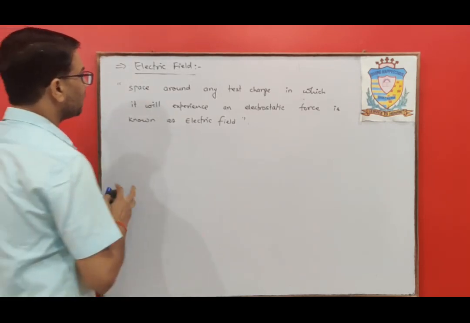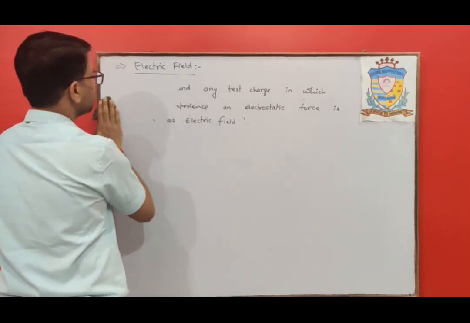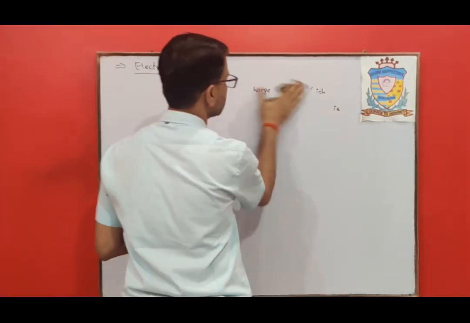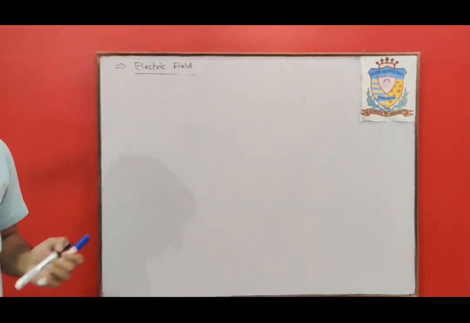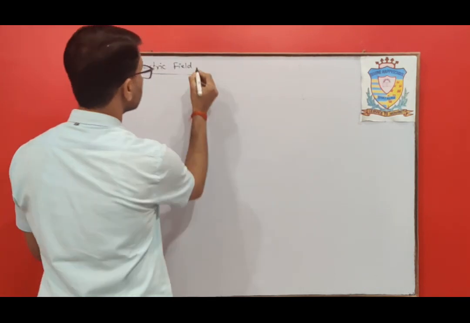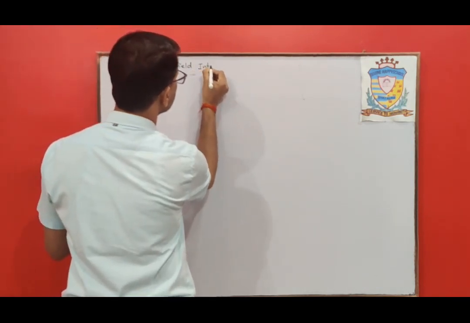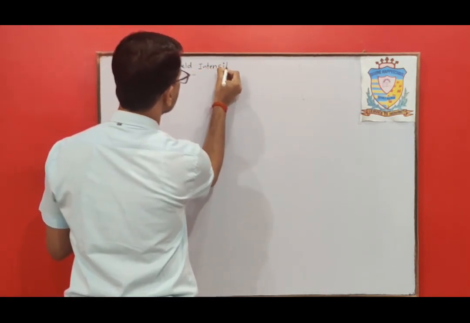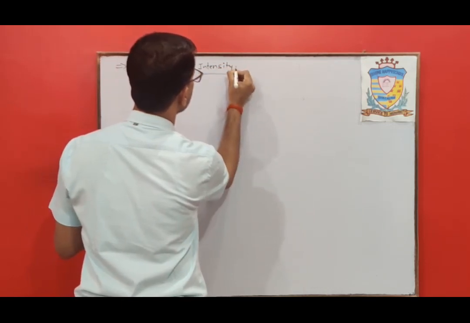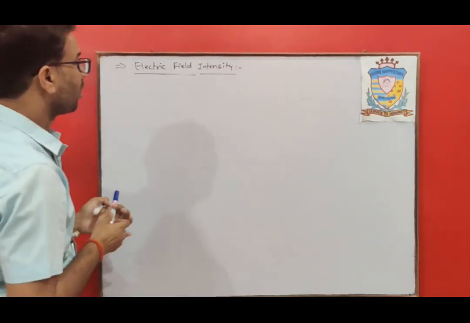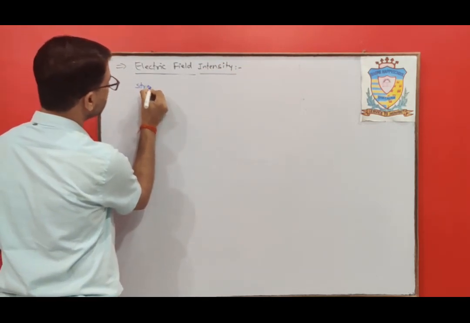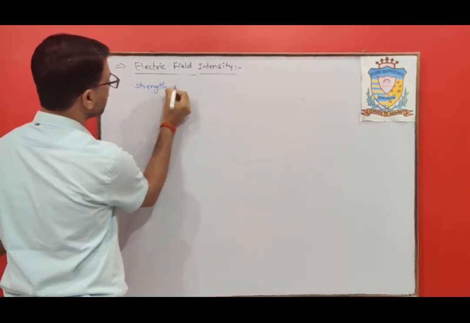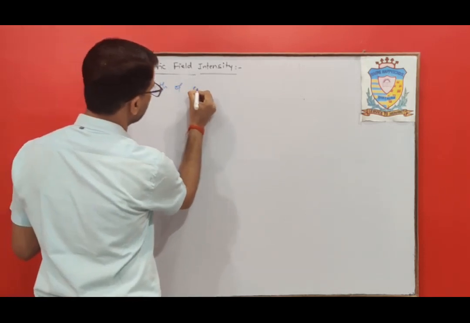Next is electric field intensity. This is also known as the strength of electric field.